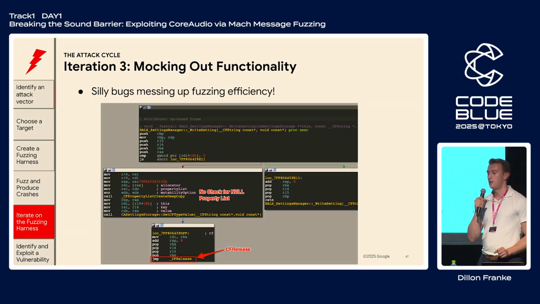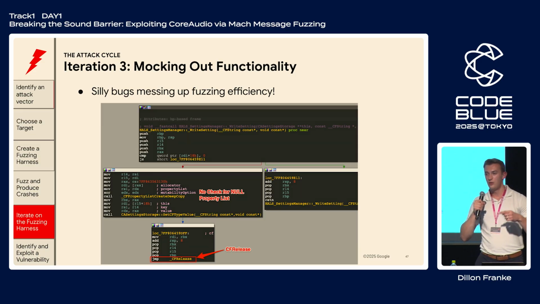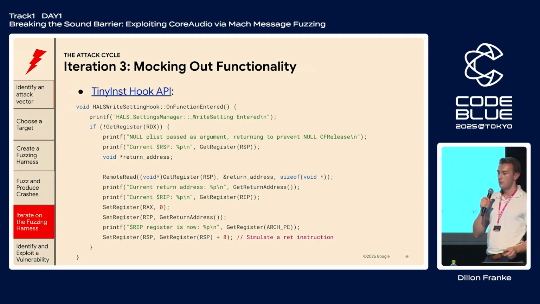Another thing that happened is there were actually silly bugs that weren't security relevant that messed up the fuzzing efficiency. This was a null dereference that kept happening and that my fuzzer kept triggering, so it would continually crash the process. I needed to mock out this functionality and prevent it from happening, and to do that, I used the TinyInst hook API.